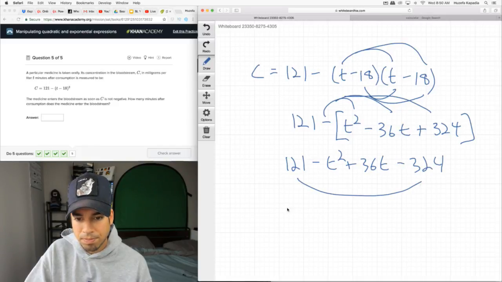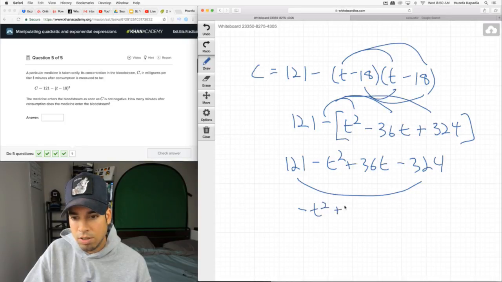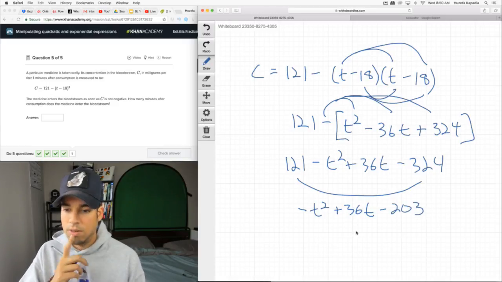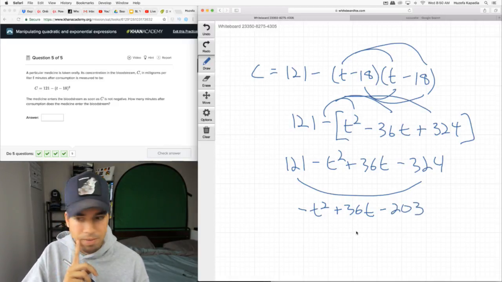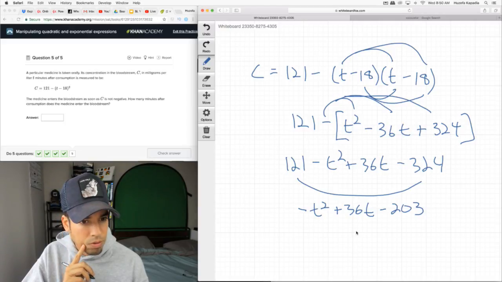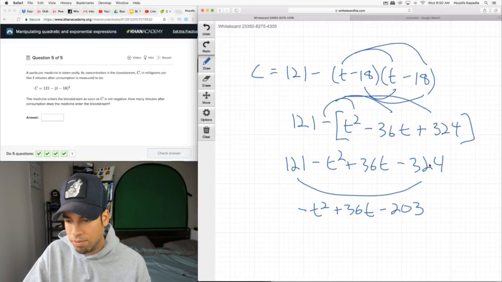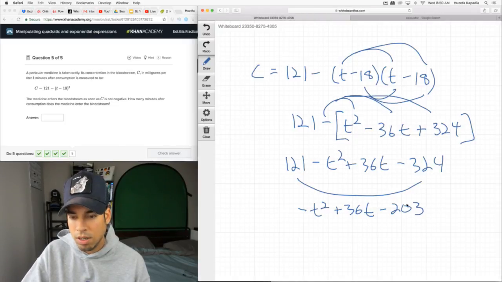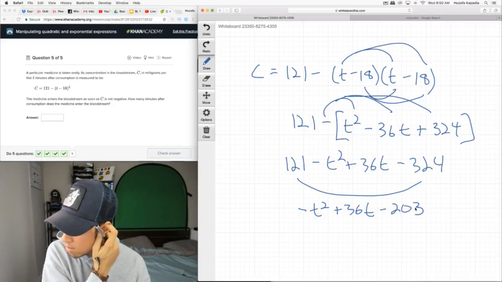These combine, and this becomes negative t squared plus 36t, negative 203. Okay. This does not look very factorable. Let me make sure I did that correctly: 324 minus 121, yes, I did say 203. And it's not divisible by 3.